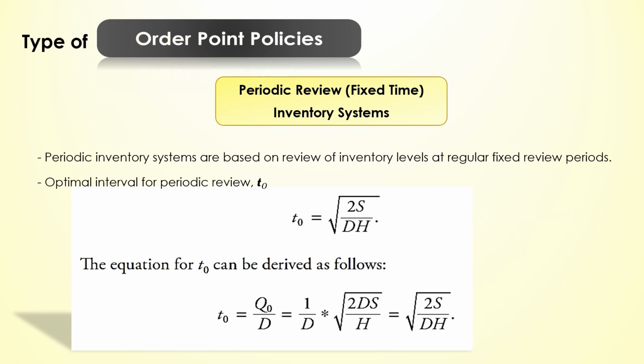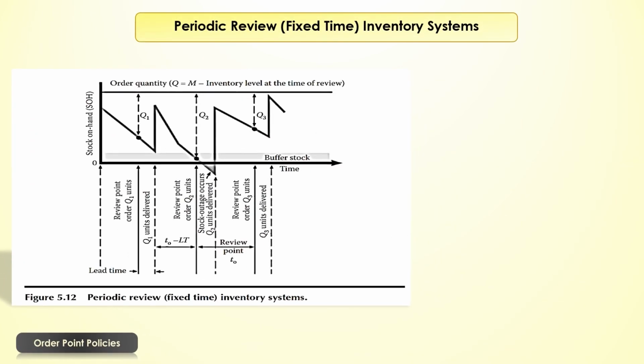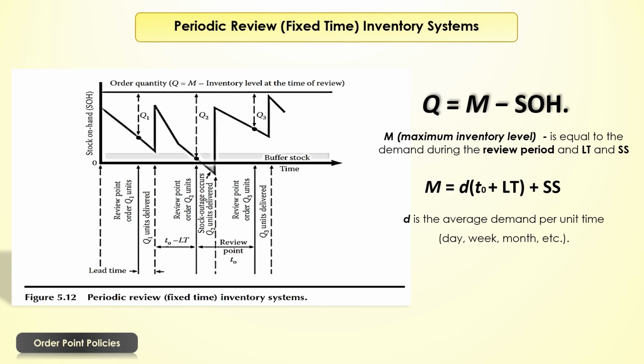Now, based on this figure, the graphical representation of the periodic review or fixed time inventory system, to use the periodic model, first find and set the review interval, then set a maximum inventory level, say M. Now, M is equal to the demand during the review period and lead time plus the safety stock.